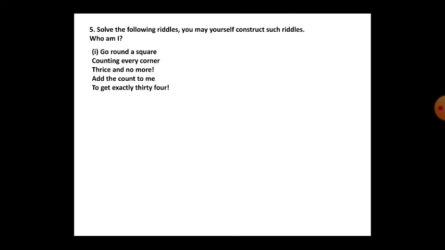You have to solve that riddle. Go around a square means a square. You go around and count each and every corner in the square thrice and no more. A square has four corners, so 4 into 3 like that. Add the count to me to get exactly 34. So afterwards you have to add to get 34.